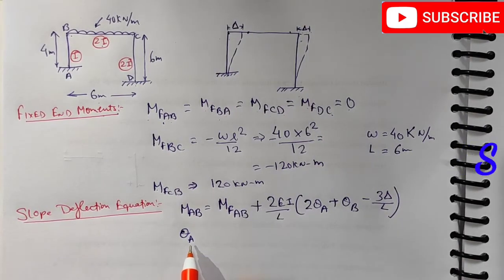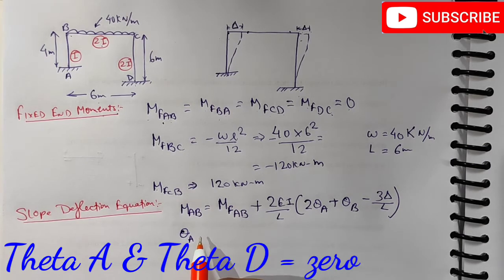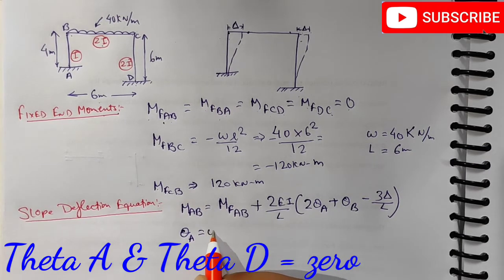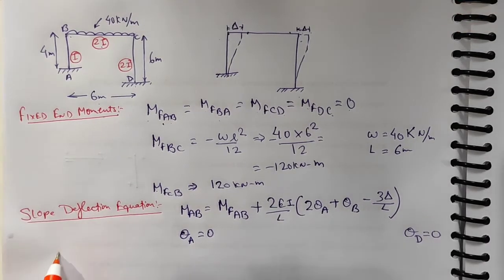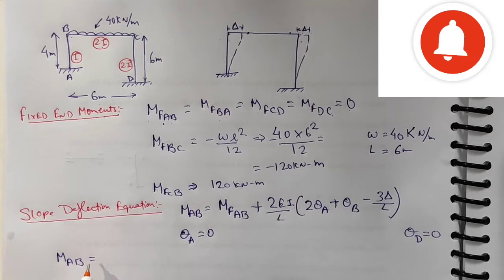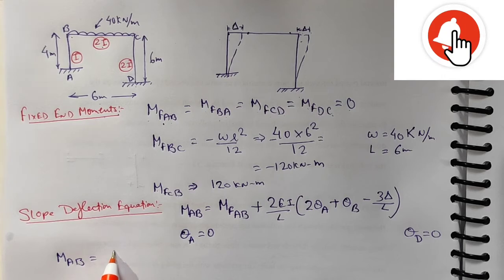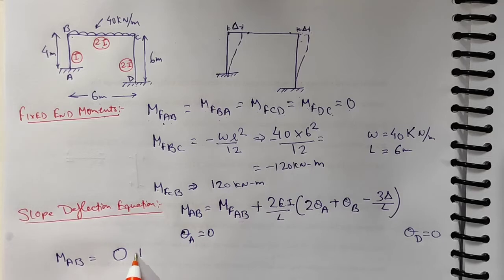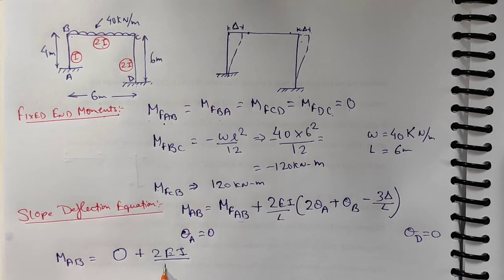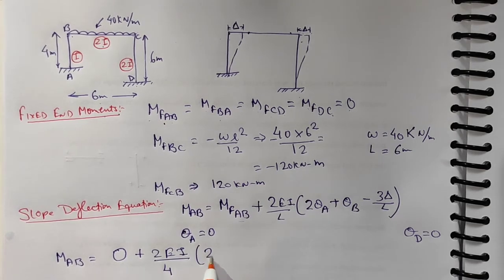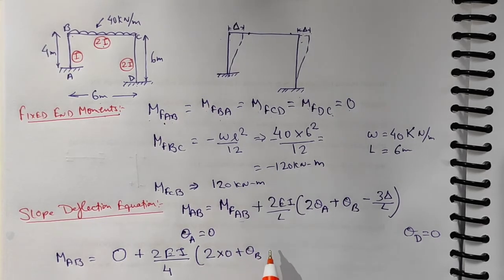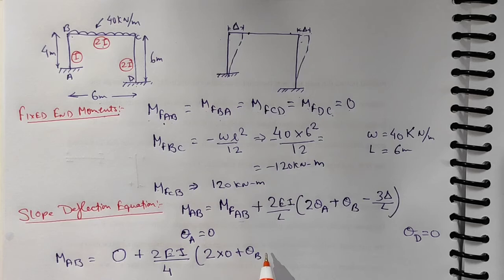As we know from the question, A and D have fixed supports, so in such a case theta A will be 0. Now putting the values, the value of MAB will be equal to MFAB, the fixed end moment at member AB, which is 0, plus 2 into EI upon L, where L is 4 meter, multiplied by 2 theta A plus theta B minus 3 del upon L. Theta A we take as 0 and no value is specified for theta B, therefore we keep theta B as it is.